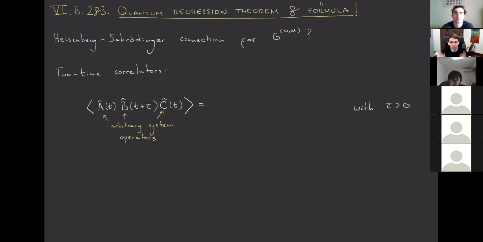So it's AB with B in the future or BC with C in the past. This is the kind of two-time correlation functions that we care about. And then the quantum regression theorem tells you that you can write in the Schrodinger picture this two-time correlation function in the following funny way. As I say, we will give it an interpretation soon. But let me write it down and then explain the general meaning. This expression here is known as the quantum regression theorem.